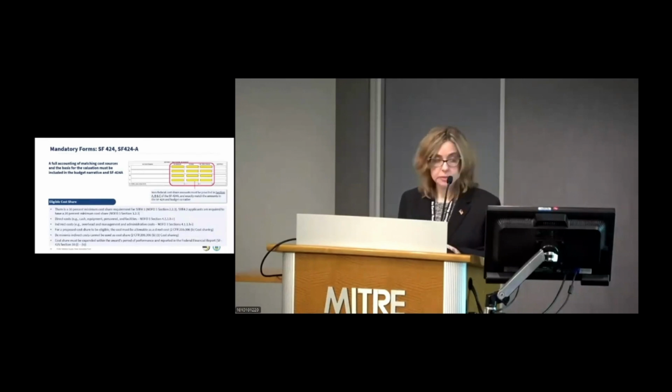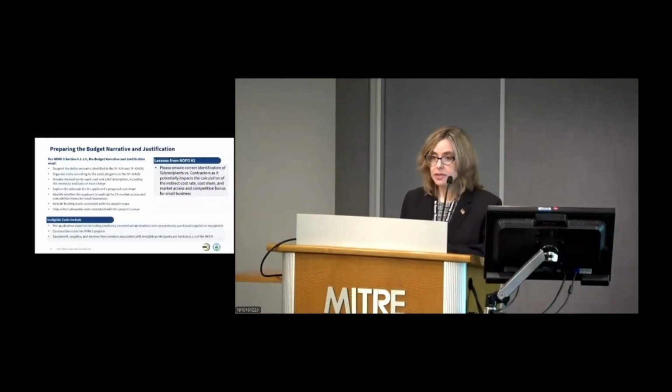Okay, next slide, please. Okay, the big document, the budget narrative and justification. We have a very large spreadsheet that has all of the direct costs as well as the indirect costs for you to enter into a single place where we can see your budget at the 500,000 feet level and then at the 2,000 feet level.